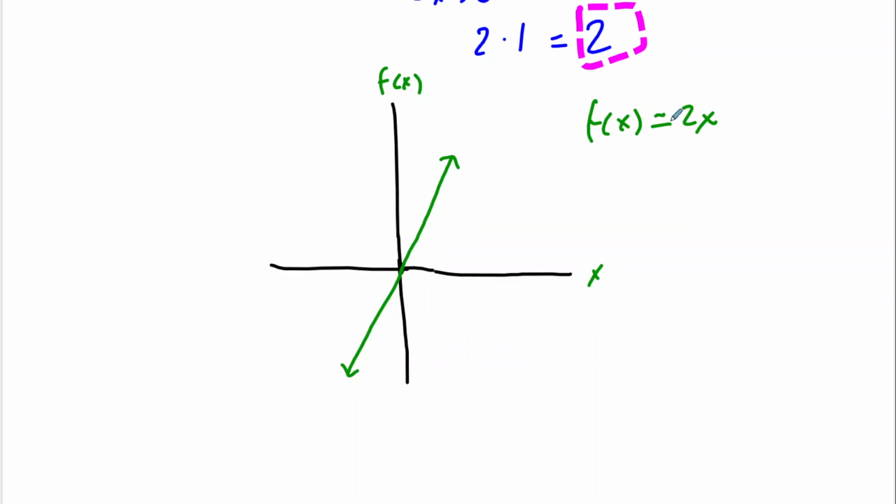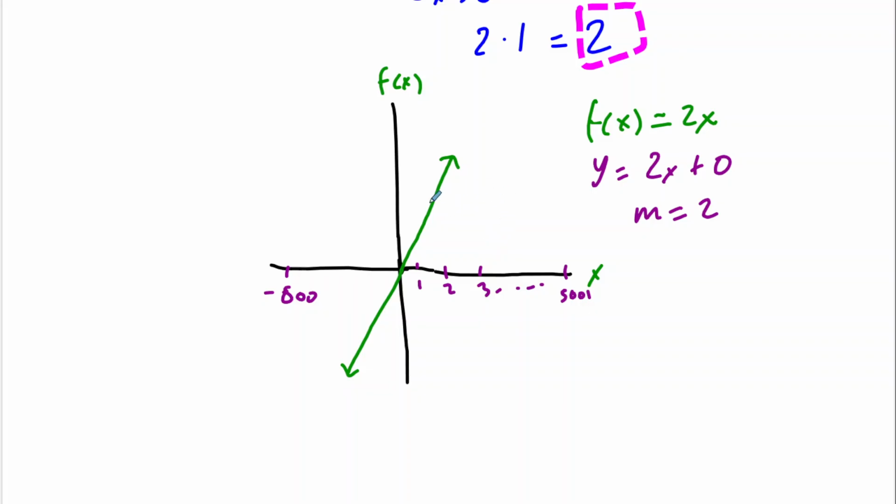This is our line. Hopefully you know this is in y equals mx plus b form, so this is y equals 2x plus 0. Our m is 2. Our slope is 2. If we look at any x value here, 1, 2, 3, and so on, 5,001, negative 8,000, whatever, it keeps going.